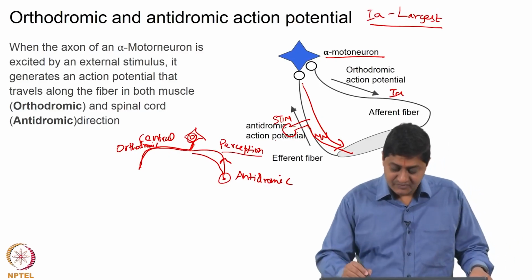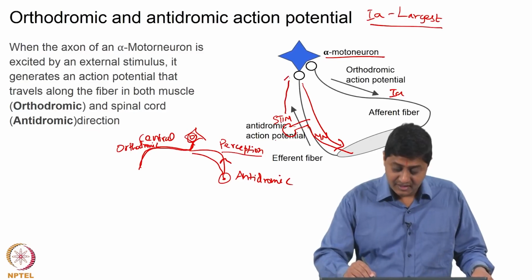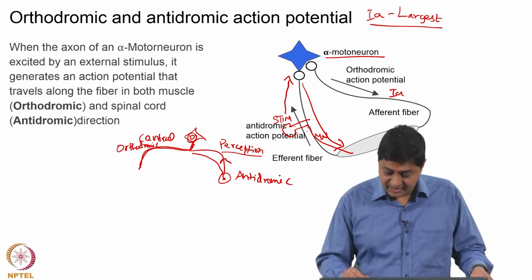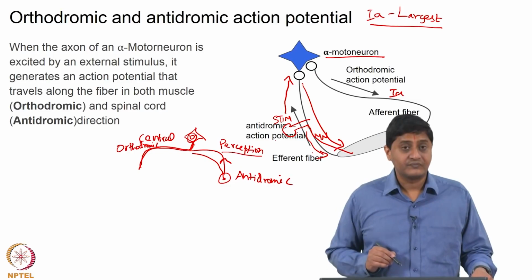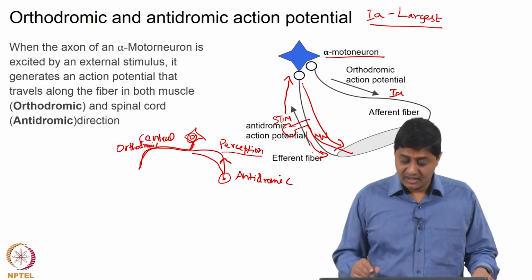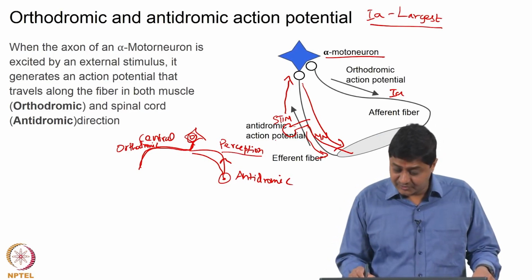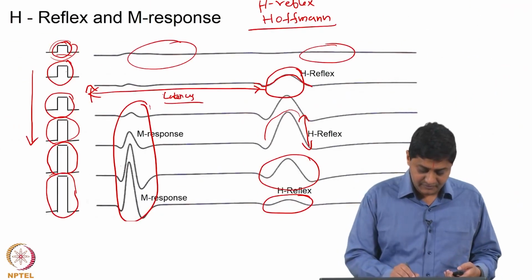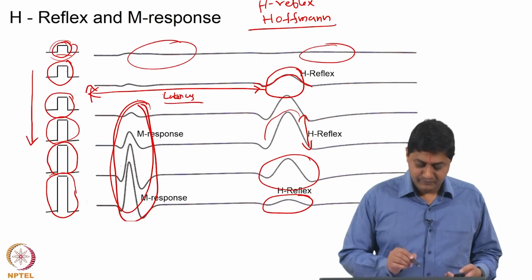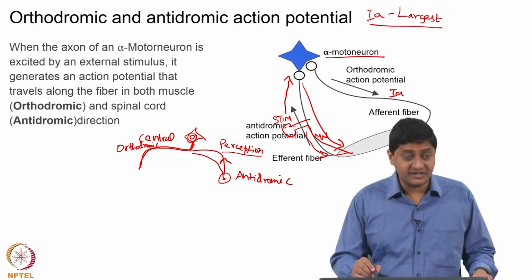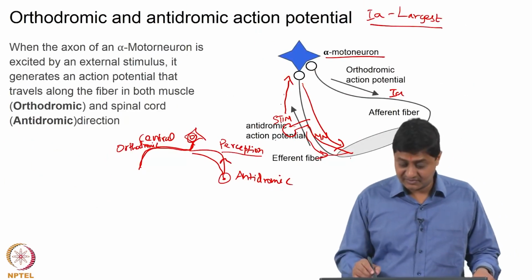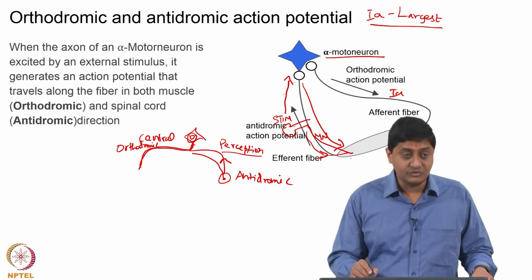So, the action potential travels antidromically as well as orthodromically from the alpha motor neuron. This orthodromic action potential causes contraction of the muscle, which is what you are seeing here. What happens to the antidromic action potential? We need to check, something must happen to this antidromic action potential that reaches the alpha motor neuron.